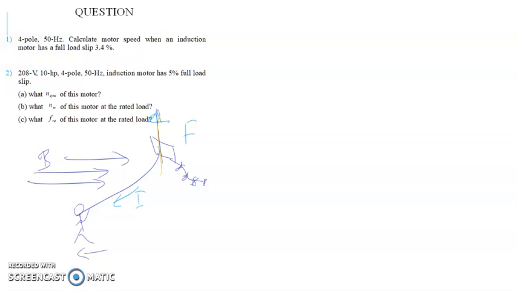And F, as we learned before, is equal to I L times B, and this is all in vector. B is your magnetic field strength. L is the length of your copper bar inside your motor. You have your copper bar inside your shaft.